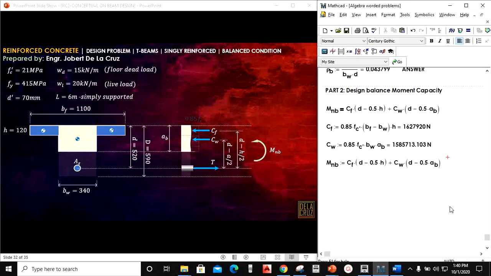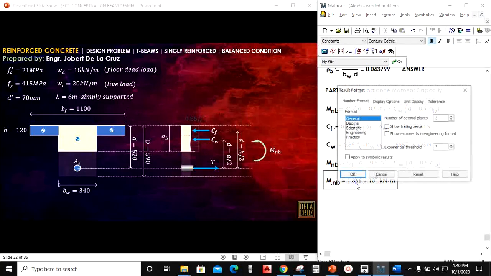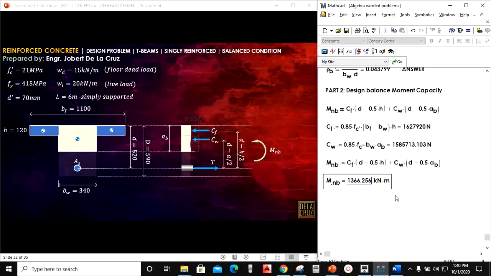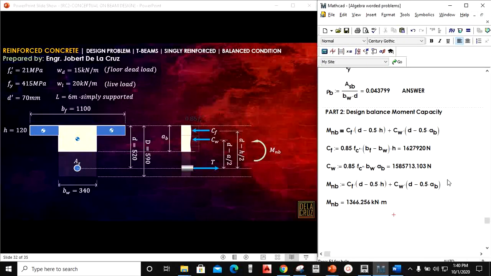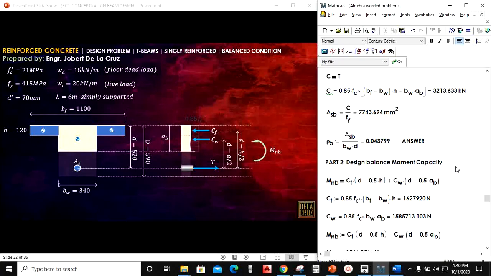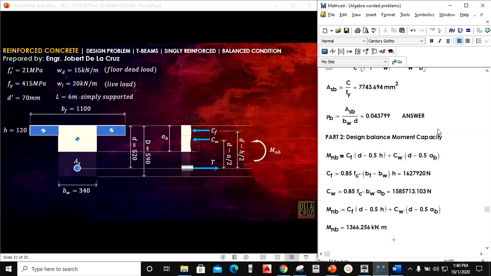Klaro? So, our Mnb, or the nominal balance moment, is just equals to kilonewton meters. So, by the way, ang lalabas sa calculator nyo dito is naka-newton millimeter. Dito, diretso na siya. Okay, wala bang error? Let me just check. Okay, so I think correct naman lahat.